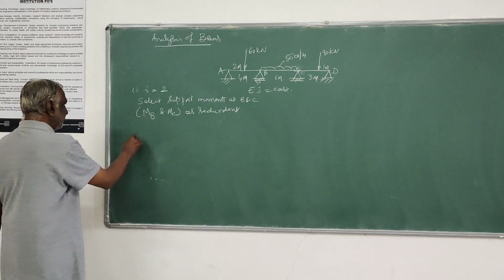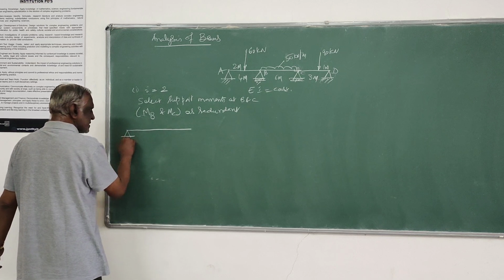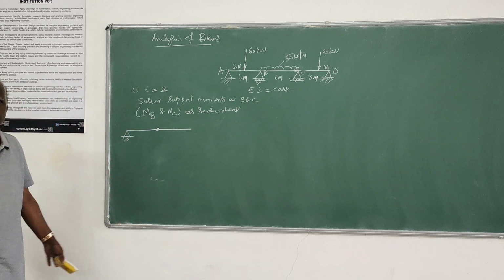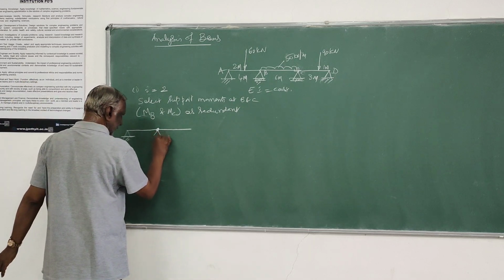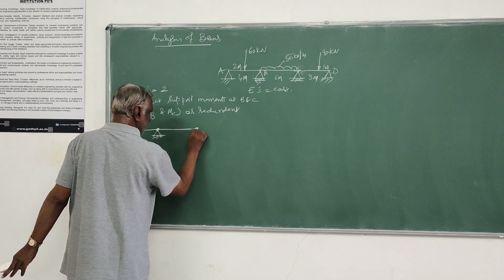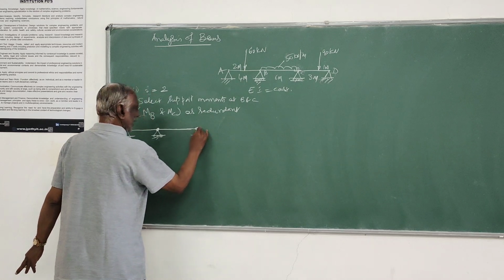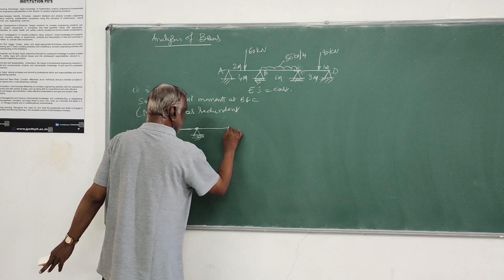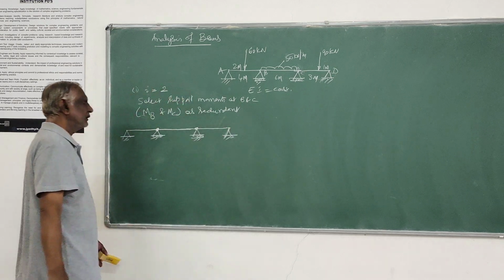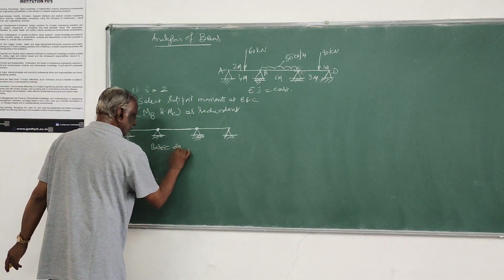So that means the basic determinate structure will look like this. You have selected the support moment here, that means you have to introduce an internal hinge at that point at B, and then at C also you have to introduce an internal hinge like this. Then here of course you can retain as it is, that is hinge support. So this is the basic determinate structure.